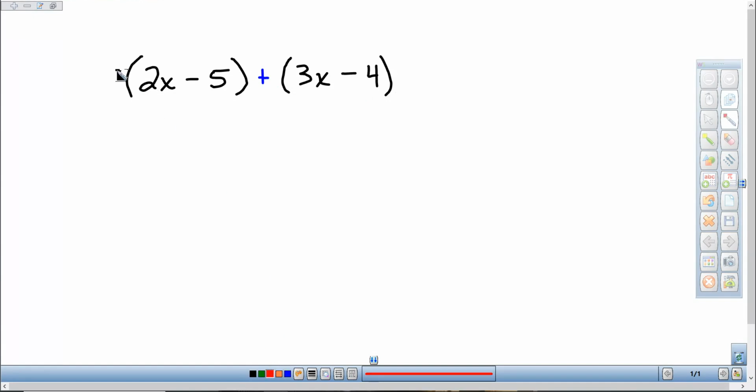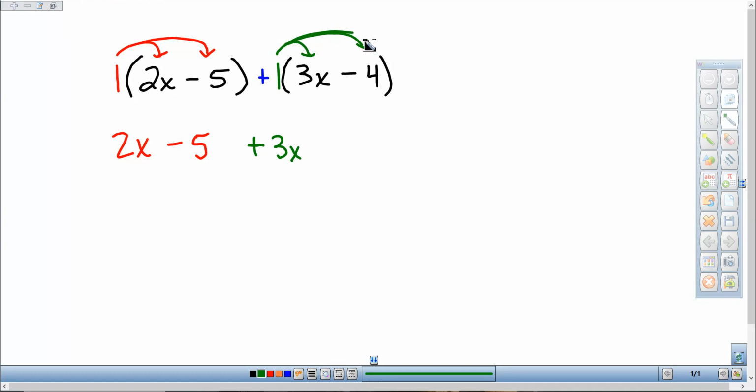And that's not too difficult because if you'll recall, outside of the first binomial, there's a positive 1, which indicates that I really just have one of each of these terms. 1 times 2x is 2x. 1 times negative 5 is negative 5. In the second polynomial, there's also a positive 1, and it's saying again I have one of those, so it's a positive 3x, and one of those, which is a negative 4.